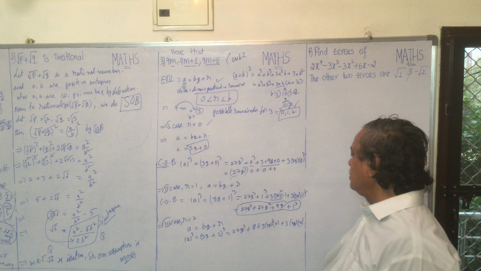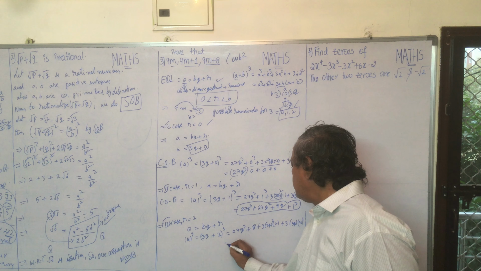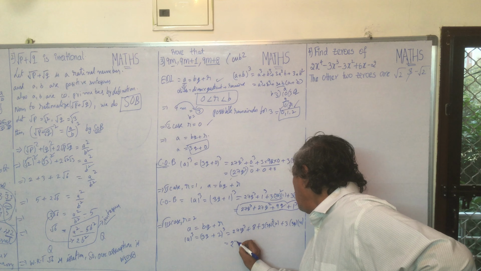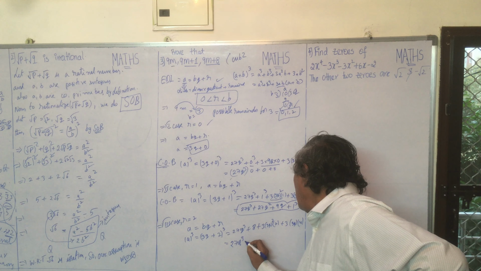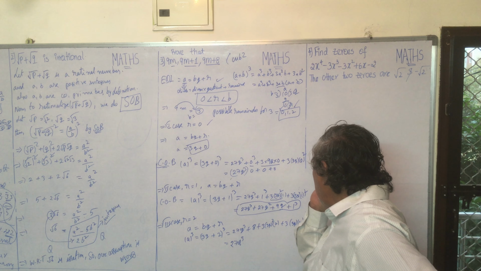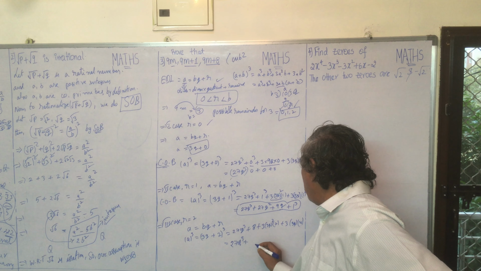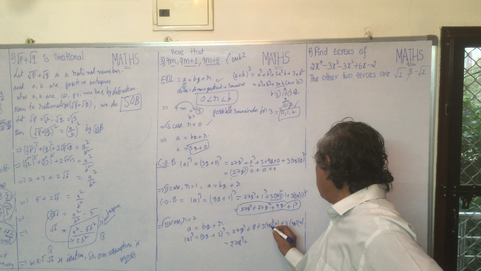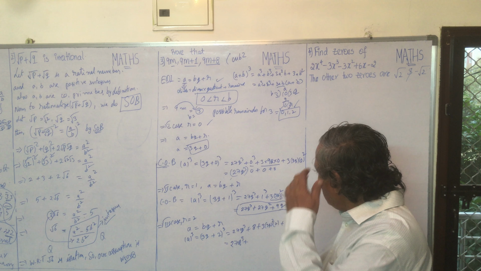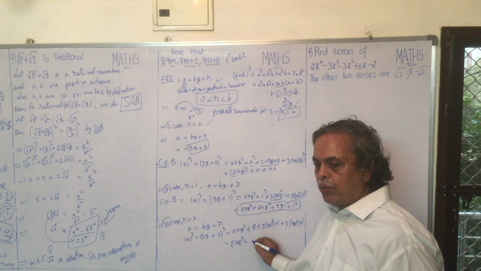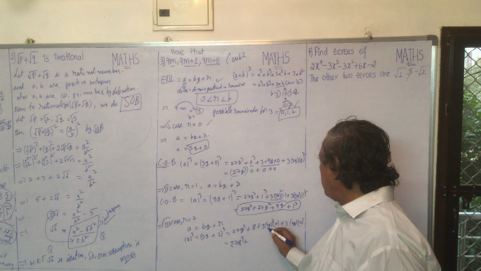Okay, 4 this is. Now so what is there? 27 cube. Then square, tell me. 3 cube. 3 nines. 54. 54. 54, right.